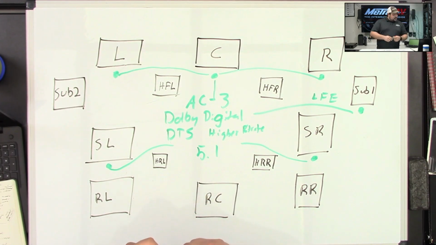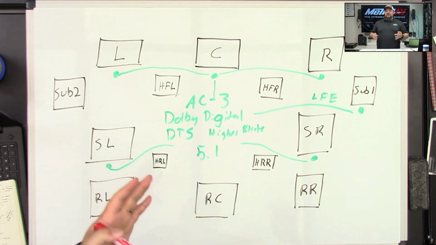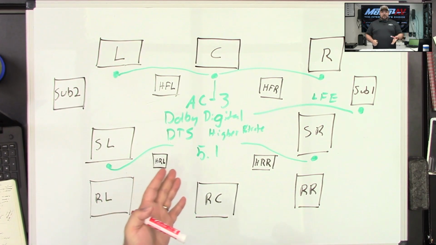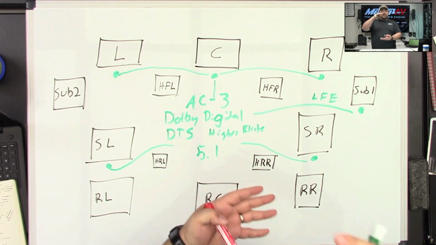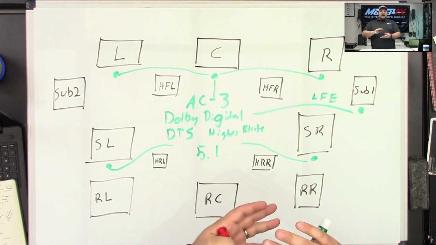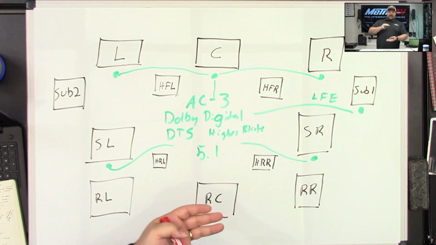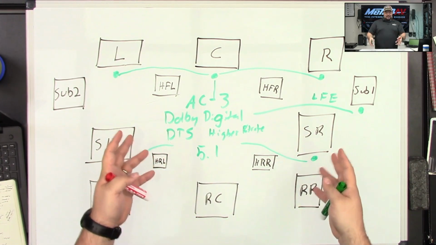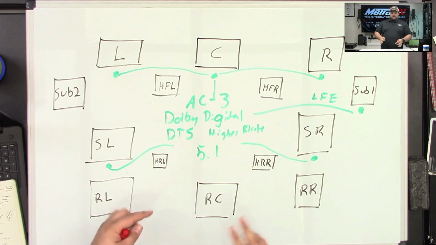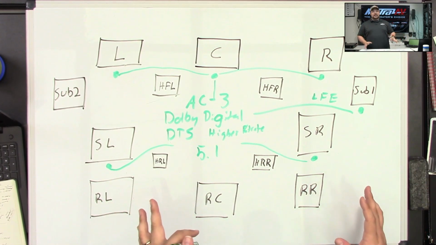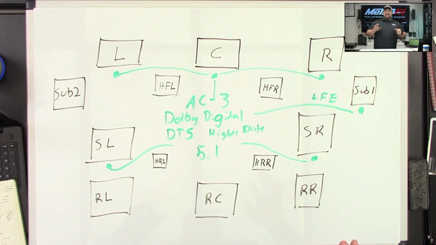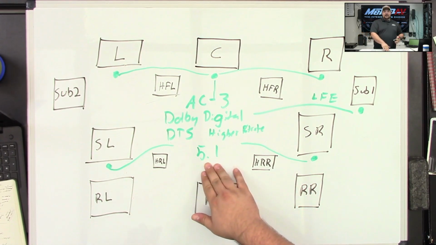And this was actually an uncompressed system, so we had the full range of audio, whereas with Pro Logic, we had to compress that data because we had to make room for an additional channel to fit inside that same space. But now we were able to have full audio capabilities for this system. And that's where the AC3, Dolby Digital, and DTS came in. 5.1 to this day is still the standard for surround sound.